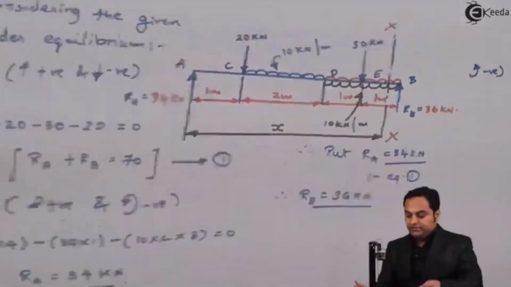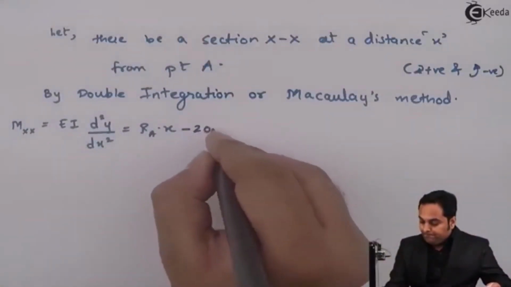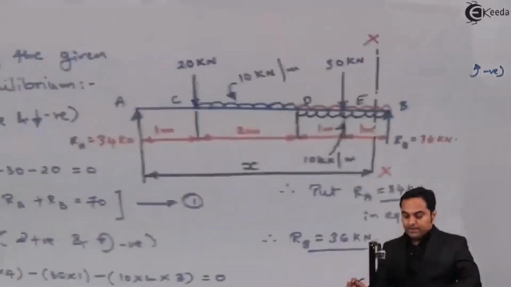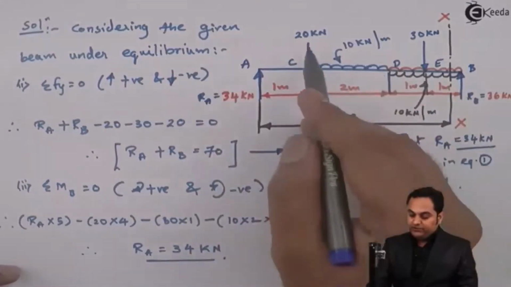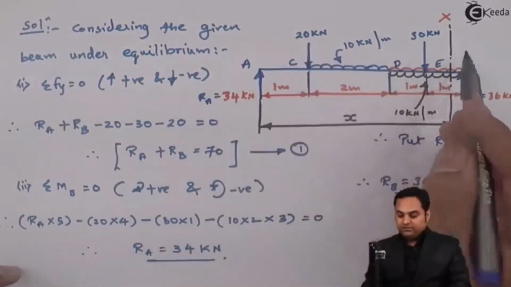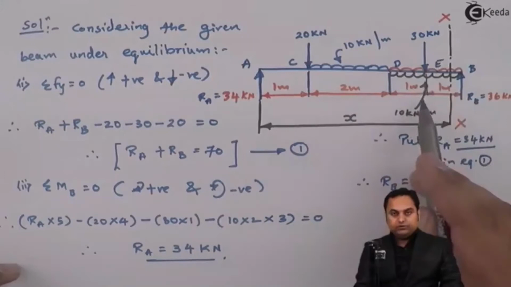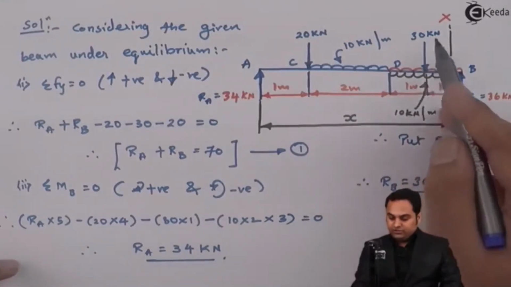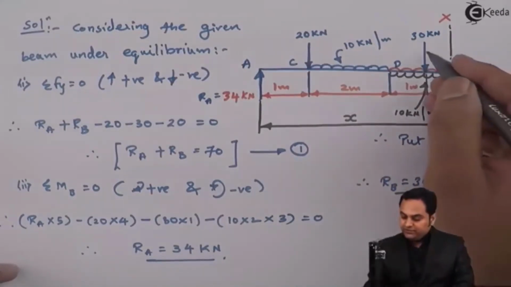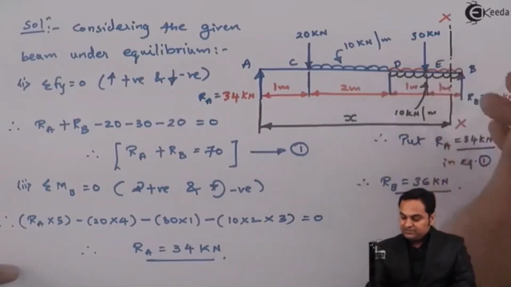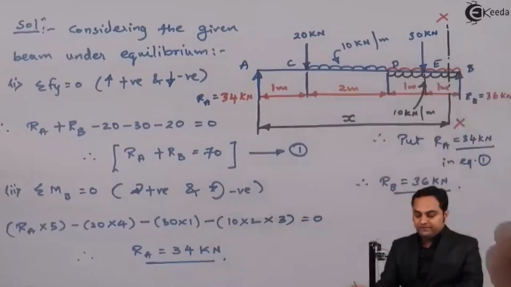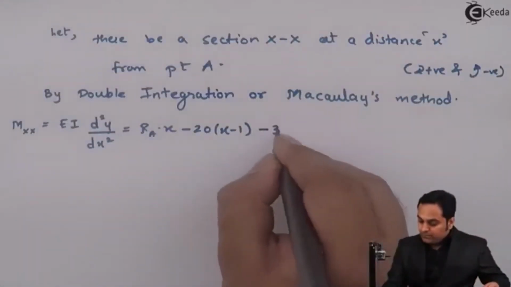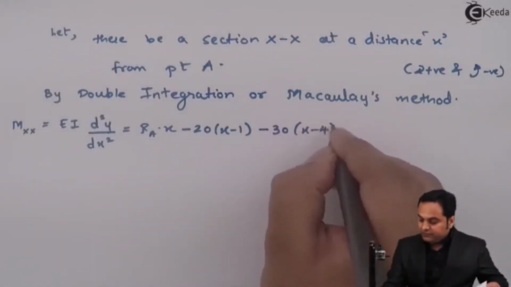So it is minus 20 into X minus 1, because X minus 1 is the distance between 20 kilonewton and section XX. Next, this 30 kilonewton, I am taking the point load first. The distance between this and XX section is X minus 4, and it produces anti-clockwise moment. Minus 30 into X minus 4.